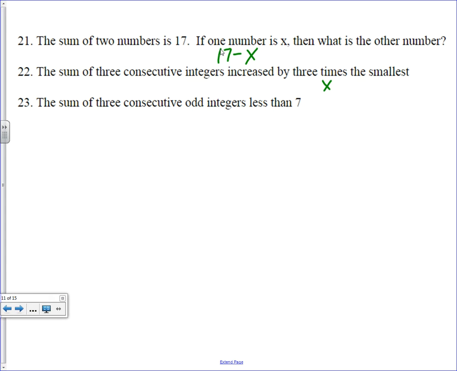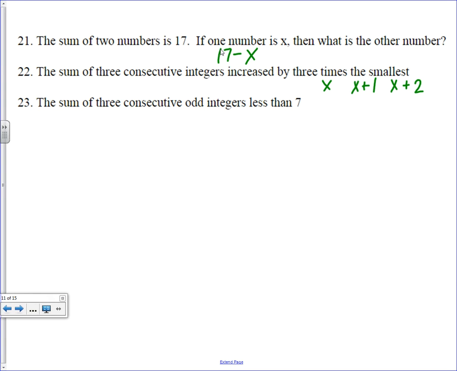What would the next one be if I go up by 1? Add 1, right? So the next one would be x plus 1. Is that okay for everybody? What would the next one be? Because I gotta have 3 of them. X plus 2.